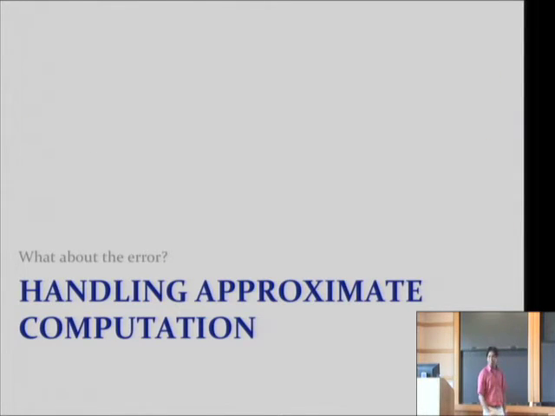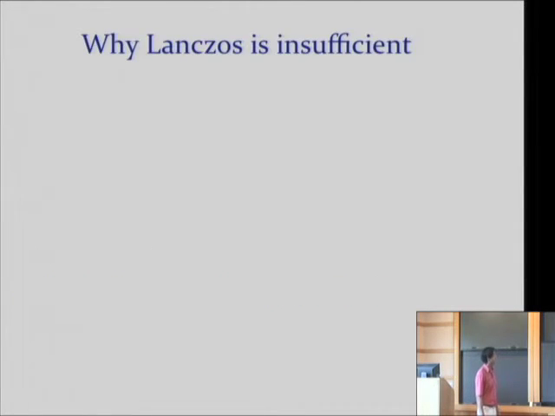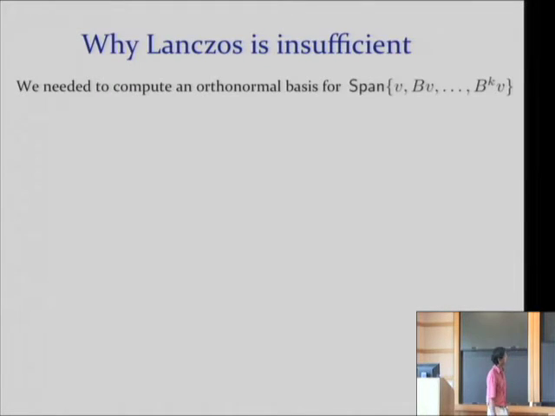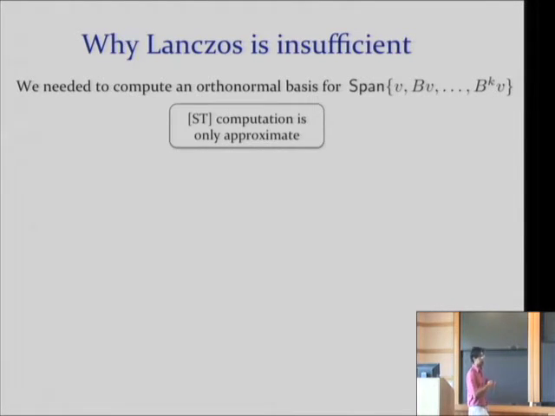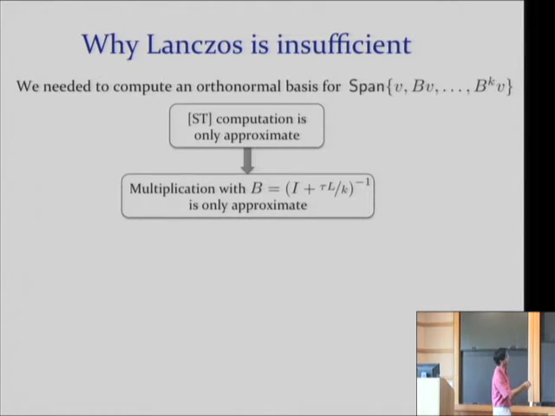But of course, we've not answered the question that we just cannot compute this. We have no idea how to compute this basis or the subspace. We don't know how to do these multiplications exactly, right? So let me point out in more detail why the method itself is insufficient. Recall we needed this basis for the Krylov subspace. The Spielman-Teng result is approximate, so you get errors. Every time you multiply by B here, you get an error, right?